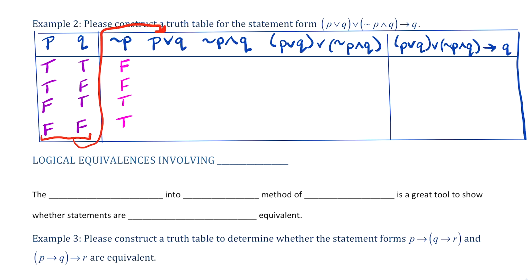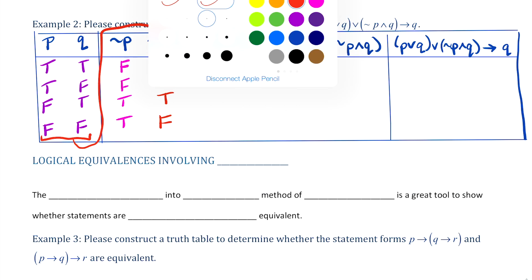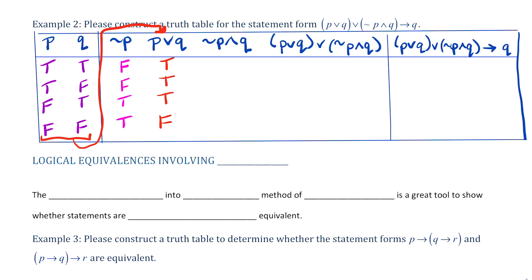And so we'll have true, true, true, and false. All right, so for not P and Q, let's see, we'll have now these two.